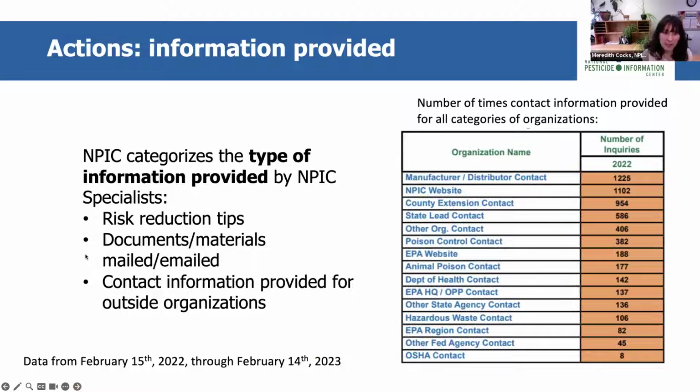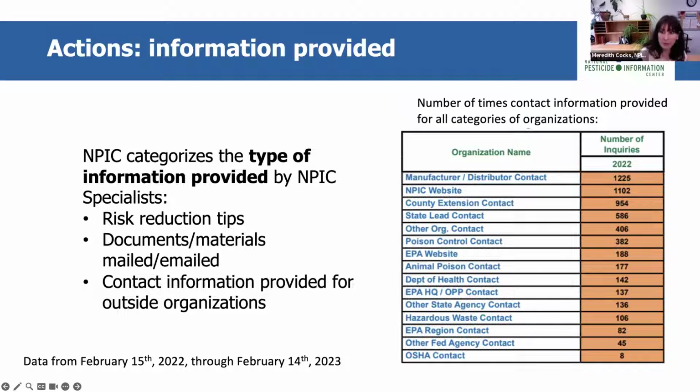NPIC also categorizes the type of information we provide. That includes risk reduction tips, documents mailed or emailed, and again, the contact information that we provide for outside organizations. In 2022, NPIC specialists gave inquirers contact information for outside agencies over 5,000 times.